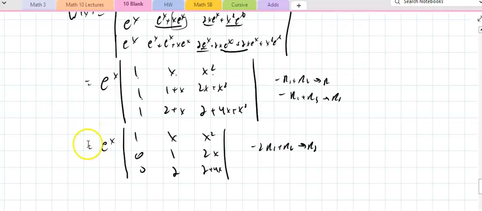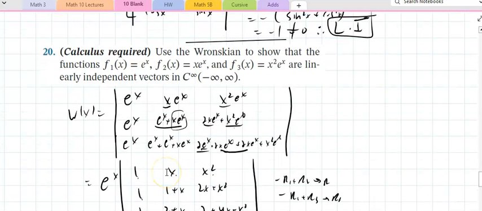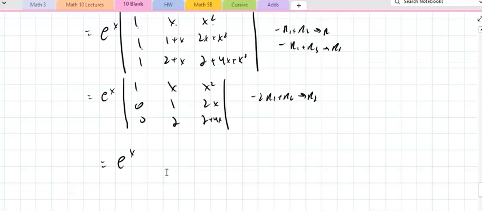Remember, that doesn't alter the work in any way. Multiplying this by a negative 2 plus, that's a 0.